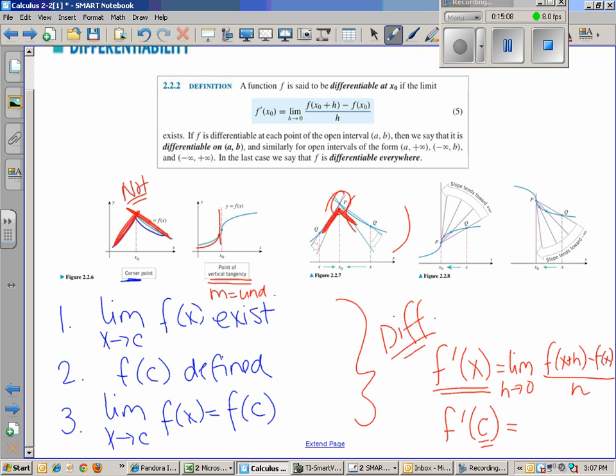Same thing here, we have issues, and same thing here. So, in order to be differentiable, the slope coming into the point has got to be approaching the slope coming in from the other side. And your book uses the formal definition that when you evaluate it at some point, any point I want, it has to be equal to the general derivative.